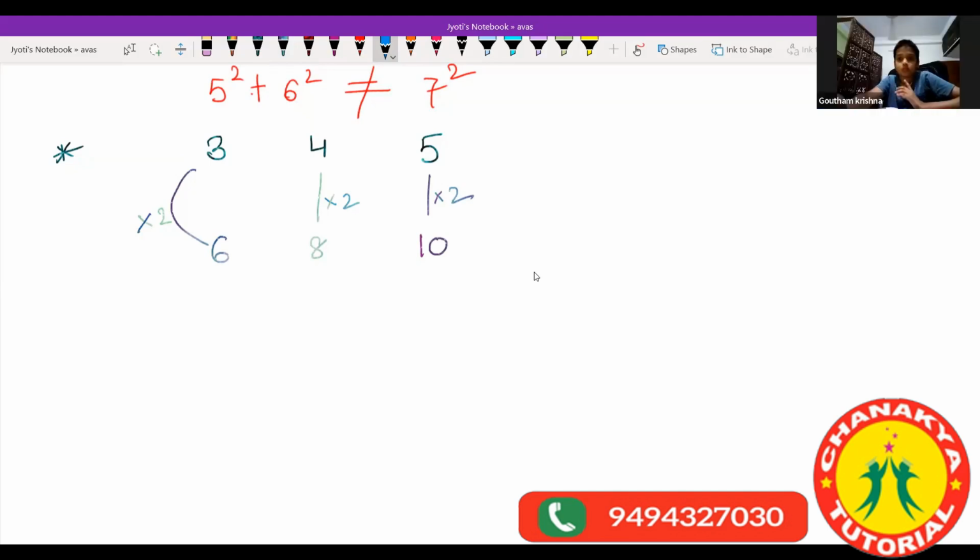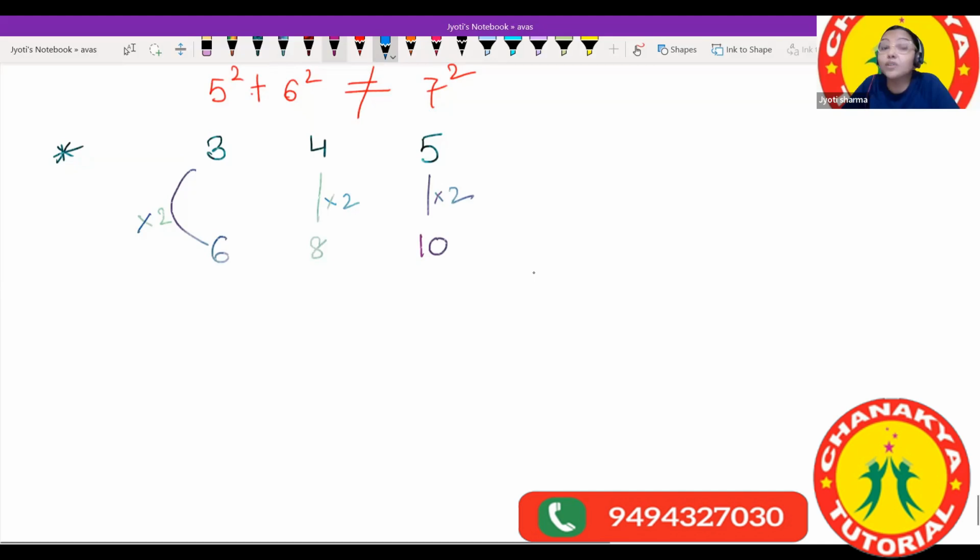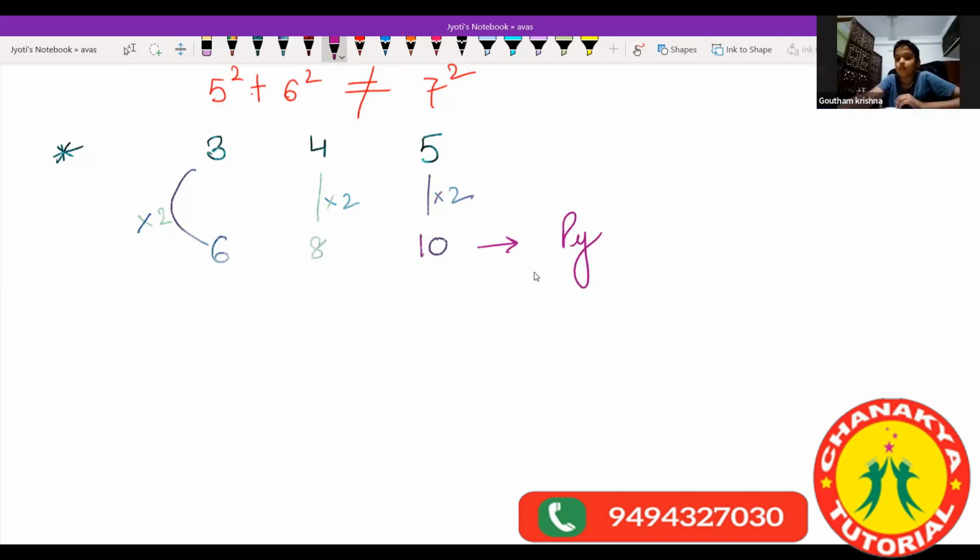If you add them, you get 100. And 10 square is also 100. So if you have a Pythagorean triplet, if you take their multiples, they will always be a Pythagorean triplet.